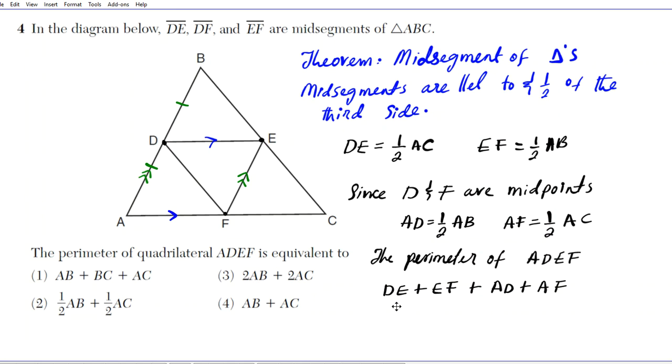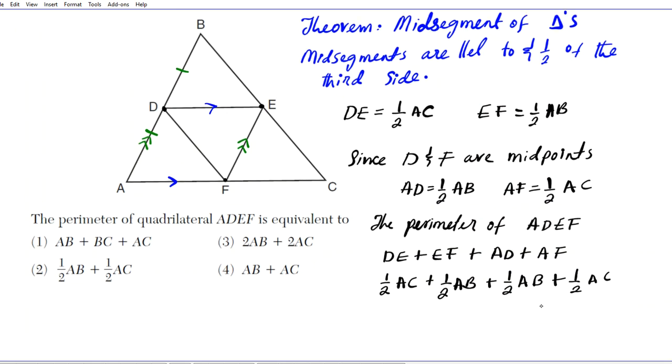Okay, so let's substitute the values using AB and AC. So DE is 1/2 AC plus EF is 1/2 AB, using these two equations up here, plus AD is 1/2 AB plus AF is 1/2 AC, using these two equations down here.